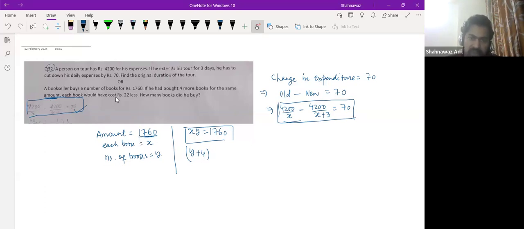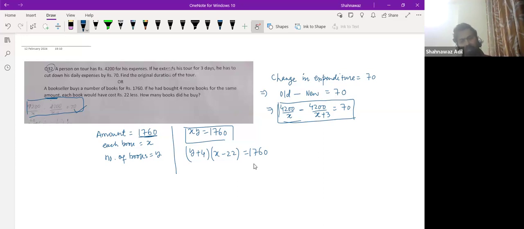Each book would have cost 22 less. So then this is 22 less. And that is again 70. So if you solve, yeah, this is exactly the same question, right? If you solve this, you'll get not the same answer, but yeah, the idea is same.